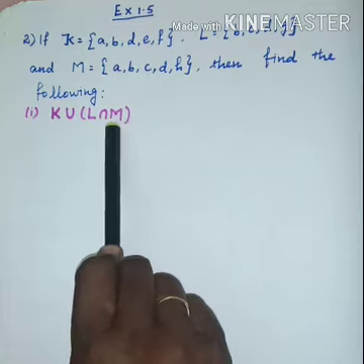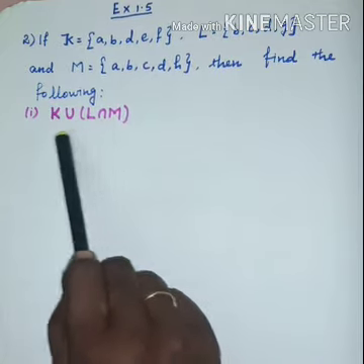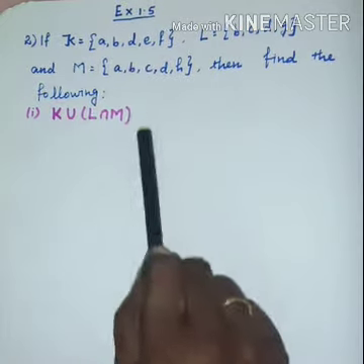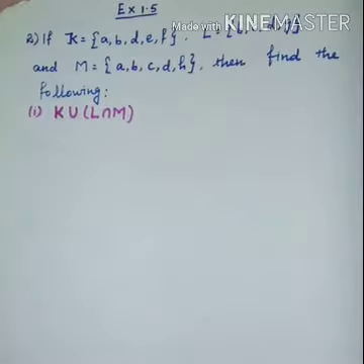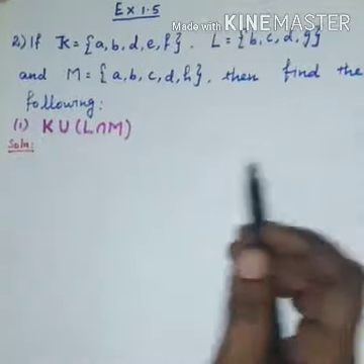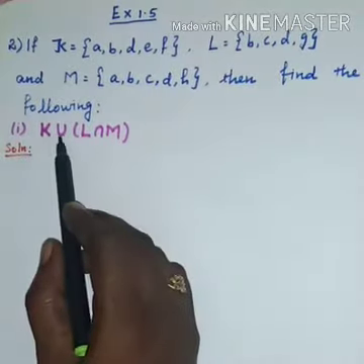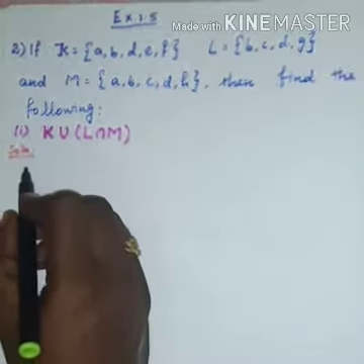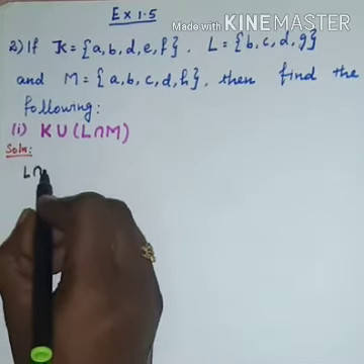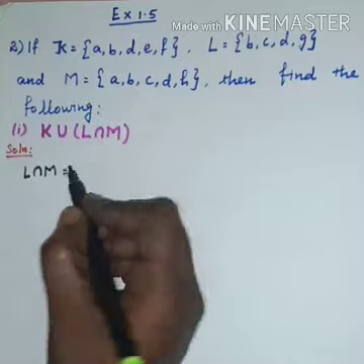I already taught you how to find this, K union (L intersection M). So, once again I will teach you how to find this. First, we have to find the value of the elements inside the bracket. So, we have L intersection M inside the bracket here.